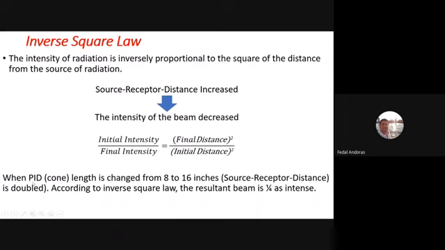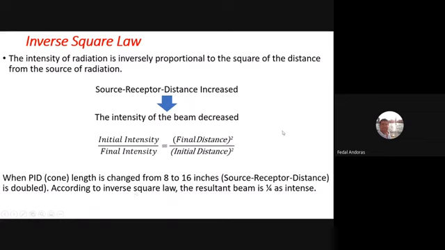When PID, cone length, is changed from 8 to 16 inch. This is very, very important for patient protection. Source receptor distance is doubled, 8 to 16 is doubled. According to the inverse square law, the resultant beam is a quarter as intense.